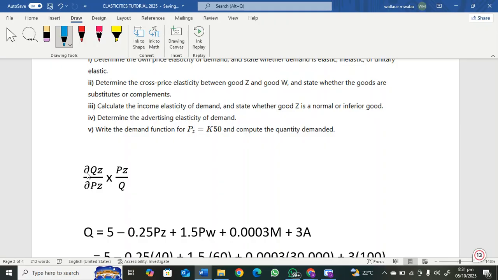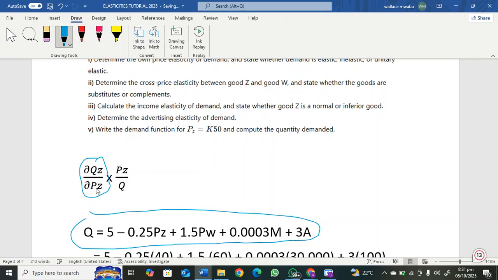The partial derivative of the demand function over the partial derivative of PZ. What this is telling us in plain English is that this demand function here, we are going to derive it with respect to PZ.